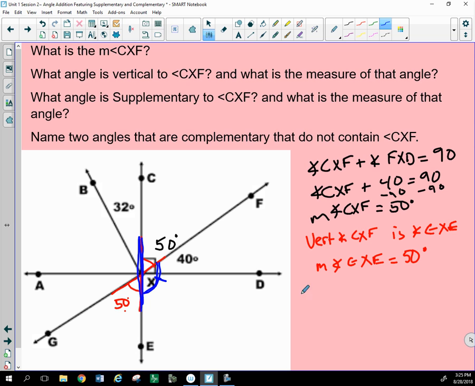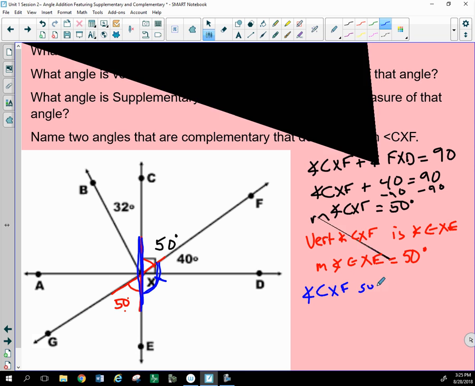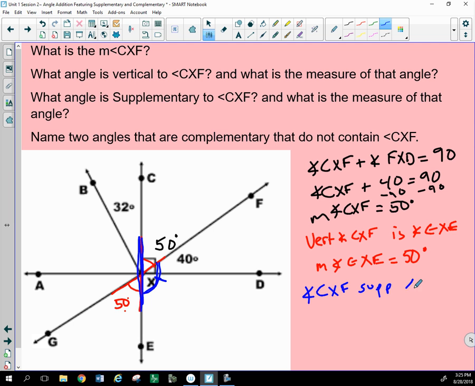And so angle CXF is supplementary to angle FXE. Now that's not the only angle. We could have gone the other way, and if we're using this line, the red line that I drew, the other one would be that angle, which would be angle CXG.